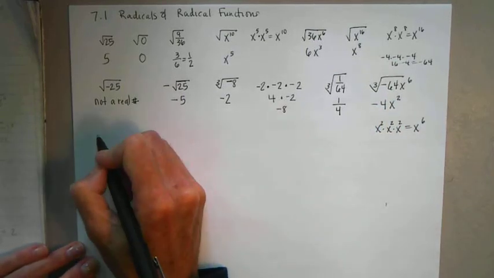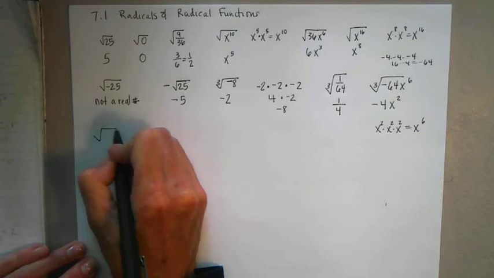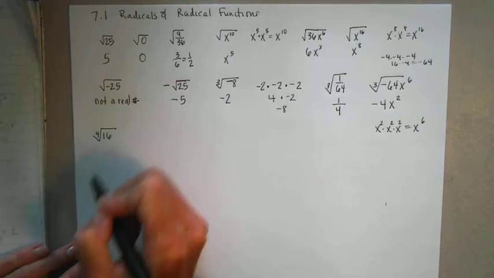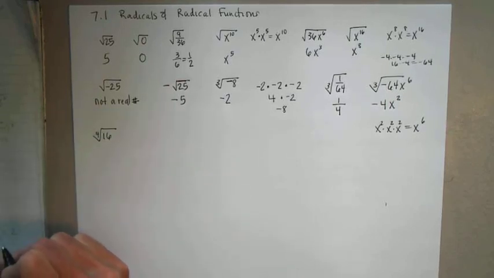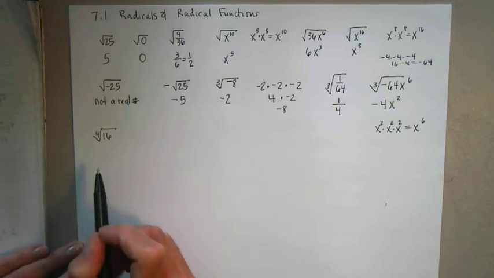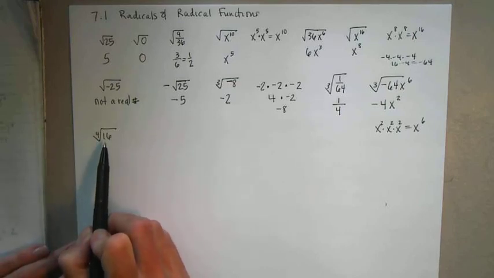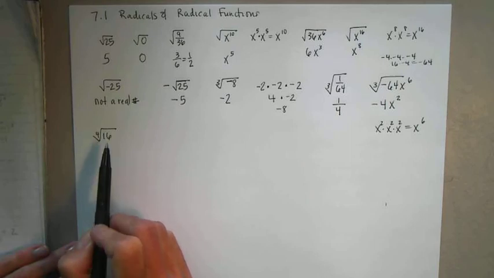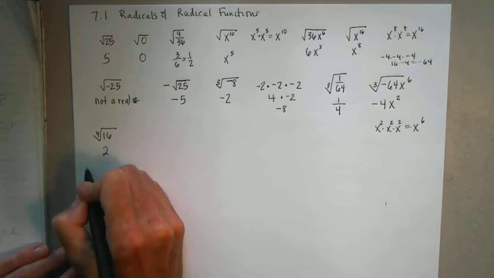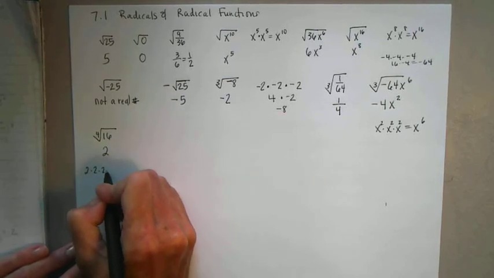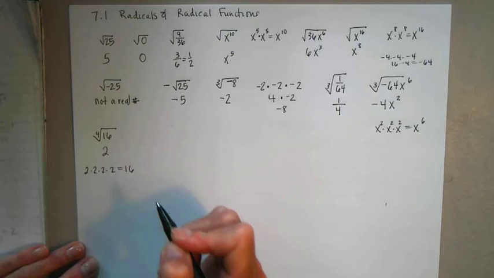Alright, let's do a little bit higher ones. What if I ask you the 4th root of 16? Well, you can punch it in your calculator, but they're pretty nice. They're pretty simple. So you might just start trying numbers, and you would see that 2 times 2 times 2 times 2 is 16. And you can check that. Just multiply it out, and you'll get it.